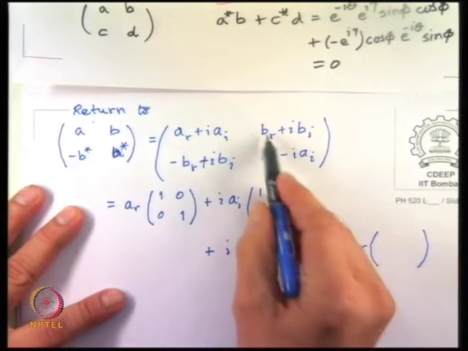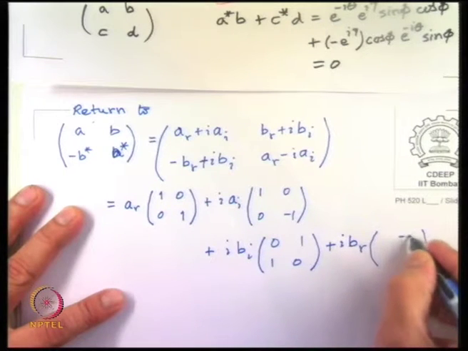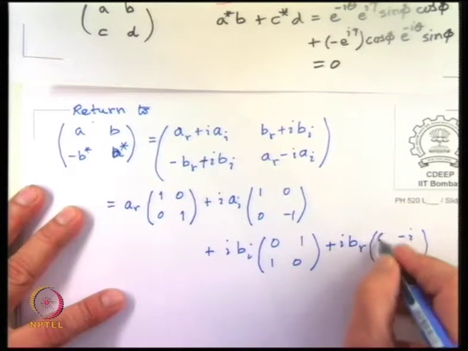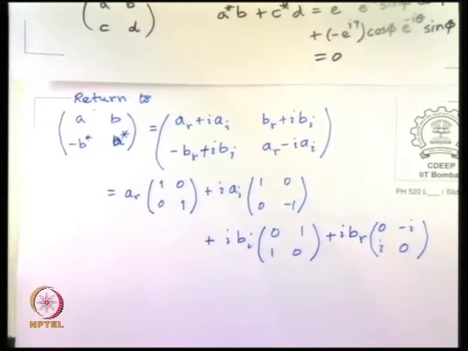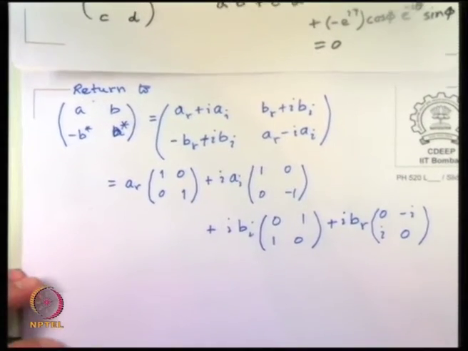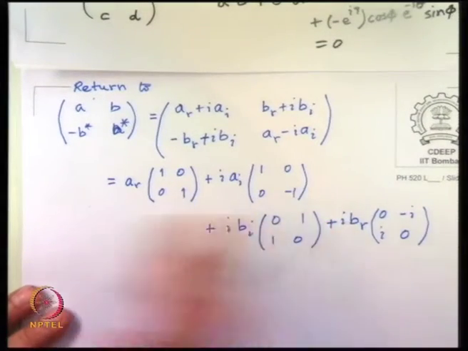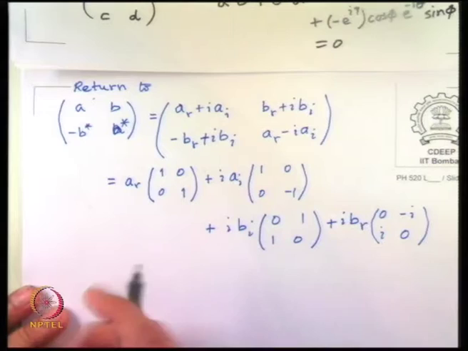If we do that, then I have to put minus I here, 0 and 0. So I think this is the simpler and cleaner derivation, because now it is a linear function of these parameters.